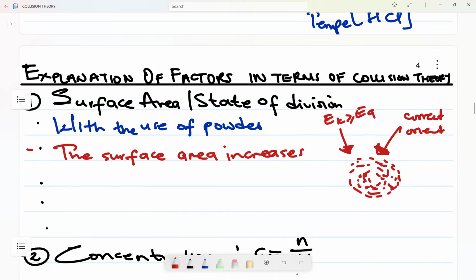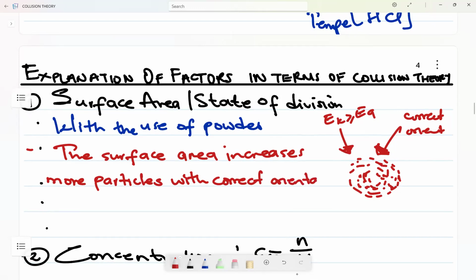For this one, we cannot use kinetic energy because it is not temperature. So here we'll say, if the surface area increases, more particles will have the correct orientation.